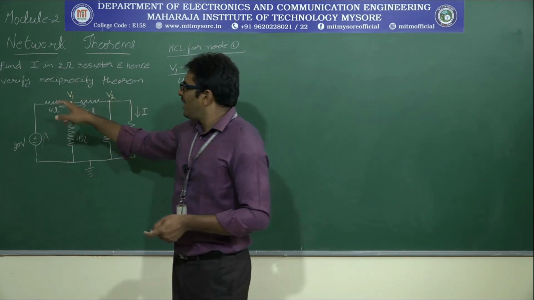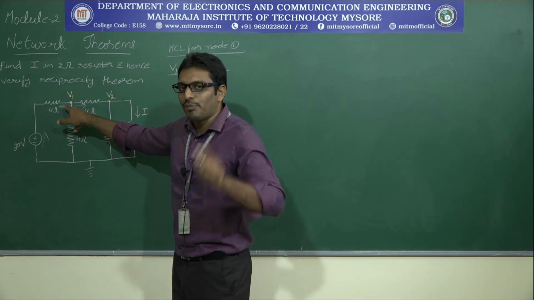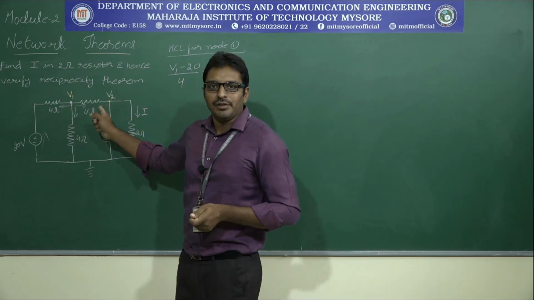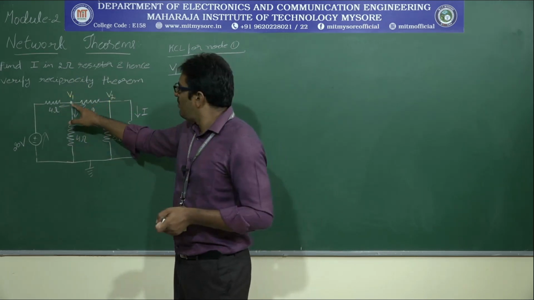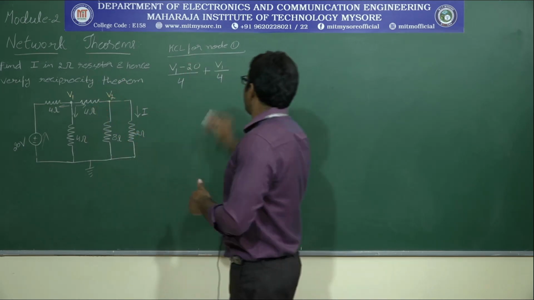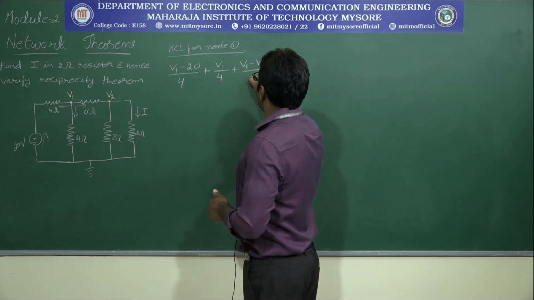But right now we are applying KCL for node 1. Just assume node 1 is higher potential, I mean current is flowing from V1 to V2. Therefore, what is the potential difference? V1 minus V2 divided by the resistance 4. So, V1 minus V2 divided by 4.